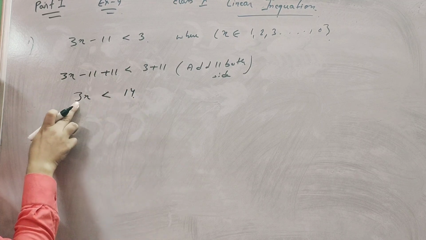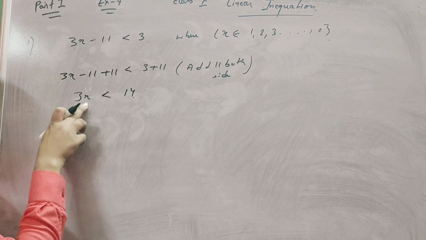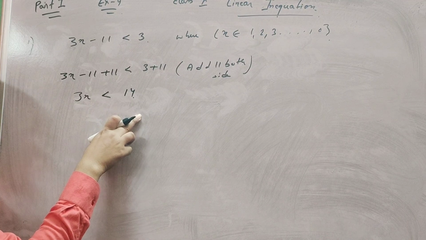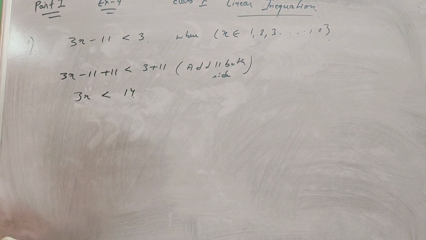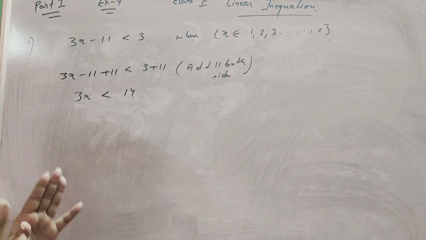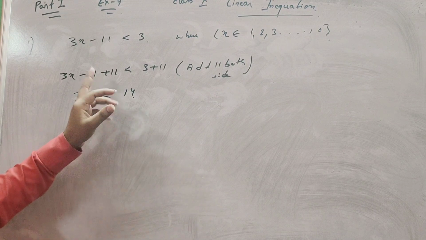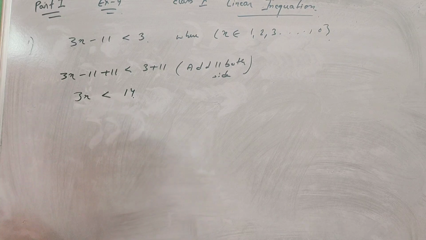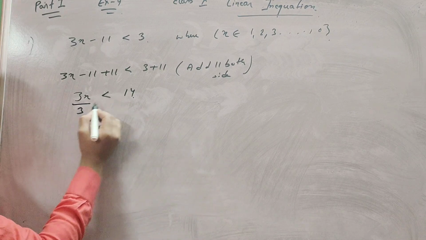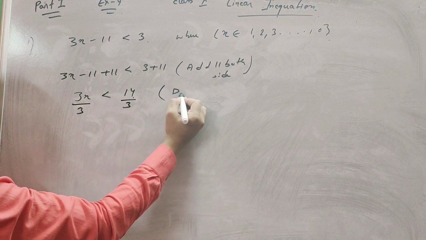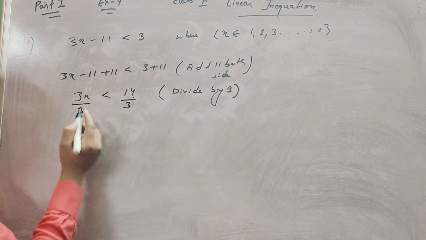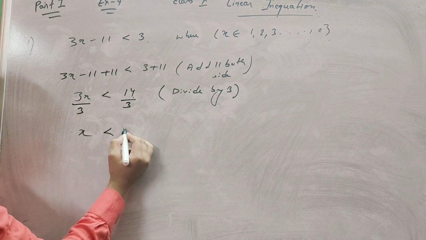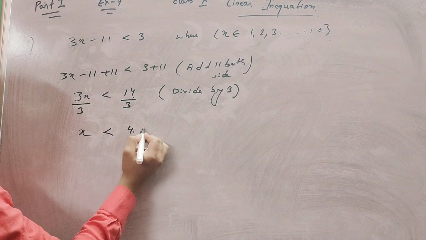Okay, at that time the 3, which is multiplying, goes to this side, that means divide. So you divide both sides. That means if you want to subtract, multiply, add, whatever you are doing, do it on both sides. Okay, so you divide by 3 on both sides. So 3 cancels, x is less than 14 by 3, that is 4.67.